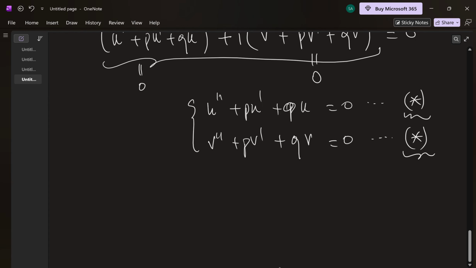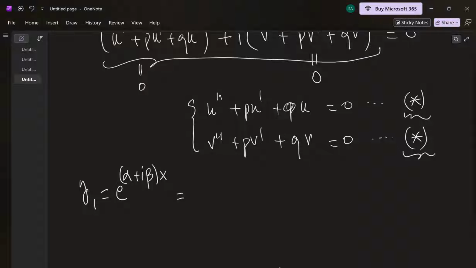Next, let us rewrite now the complex solution in the form of the sum of real and imaginary part. So, u1 is equal to exponential of alpha plus i beta times x.